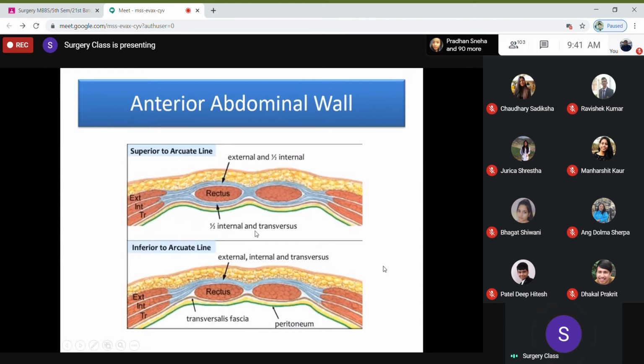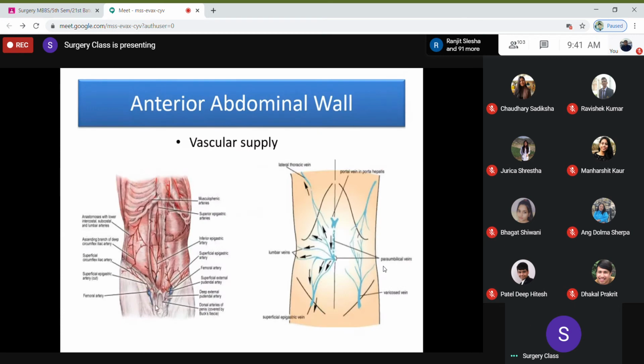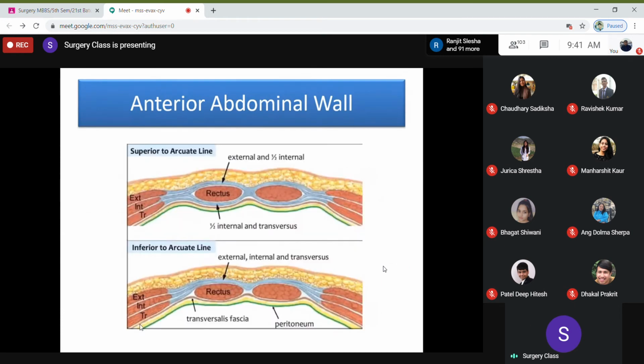But once you go below the halfway point from umbilicus to symphysis pubis, what do you see? If you look minutely at all the layers, all the sheaths, the muscle sheaths coming from external, internal, or transverse, they go anterior to the rectus sheath.